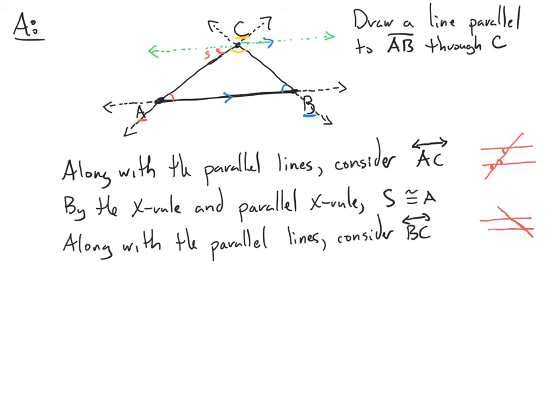And again, this is a transversal of parallel lines. We're going to play the same game. We know this is angle B. So by the x rule, that angle is congruent to it. Let me make this a little bit better. And by the parallel x rule, I can move that angle up there. So I'll call this angle T, I guess. And by the parallel x rule and the x rule, T is congruent to B.